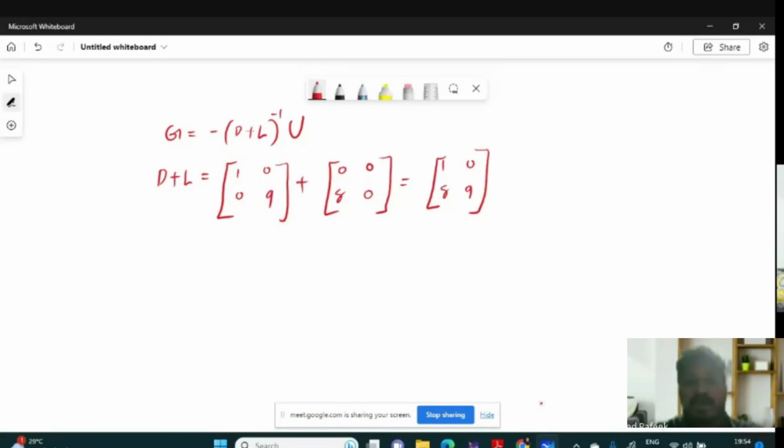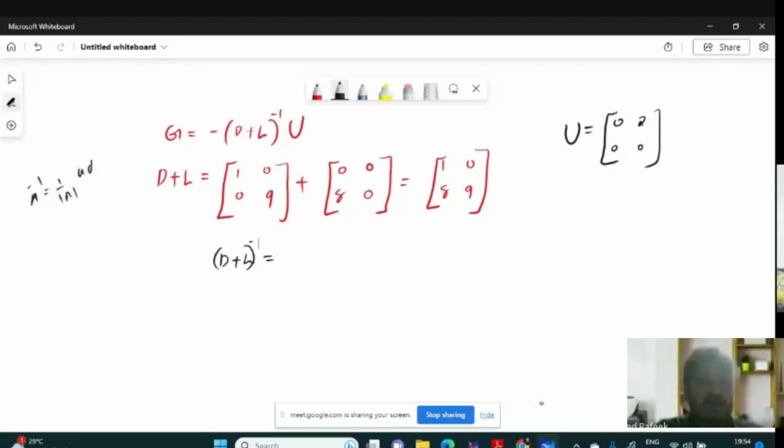U means the upper triangular part: 0, 2, 0, 0. This is U. Find (D plus L) inverse. We know the formula for A inverse: 1 by determinant of A into adjoint. The determinant is 9 minus 0, so 1 by determinant is 1 by 9.